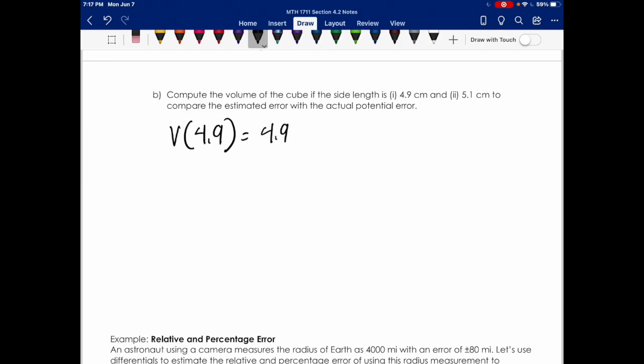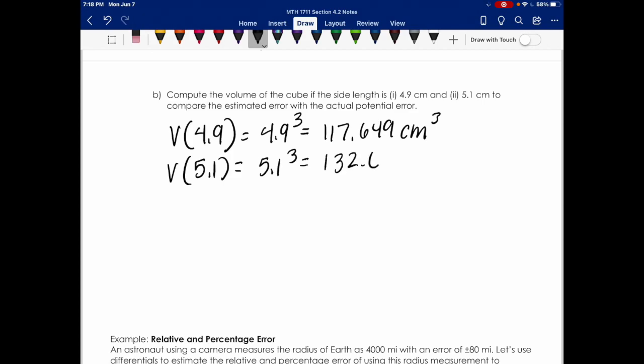If I take 4.9 and cube it, I'm going to get 117.649 centimeters cubed. Now, if I overestimate by 0.1, I'm going to get 5.1 cubed, which is 132.651 centimeters cubed.